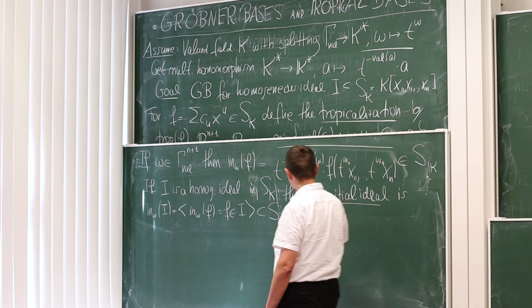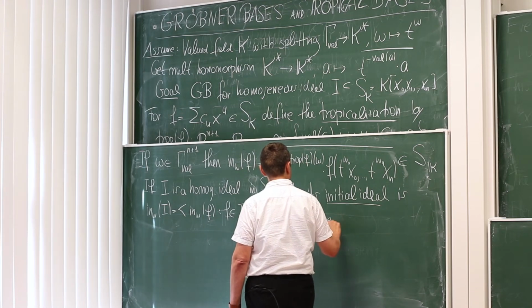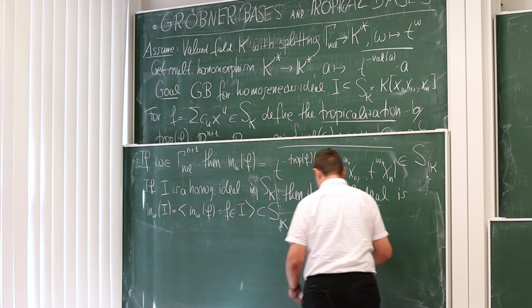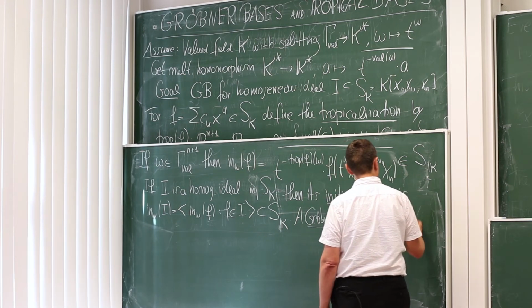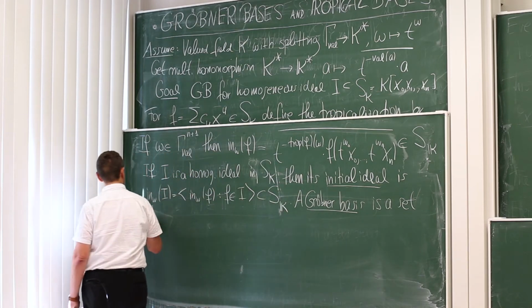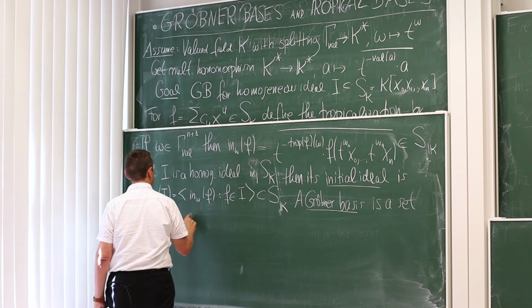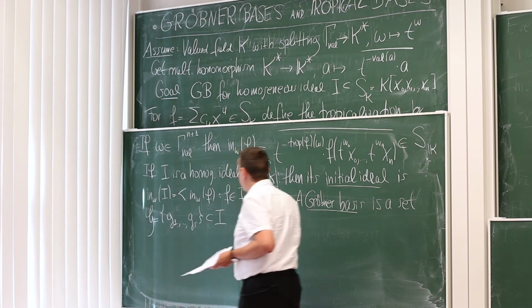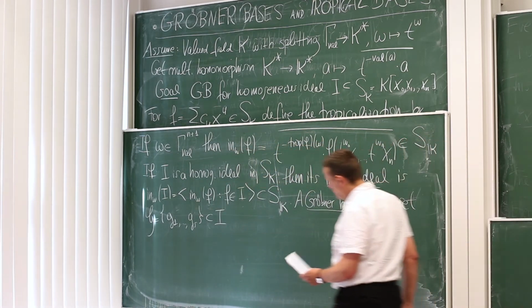Now, a Gröbner basis by definition is a finite set that suffices here. So it's a finite set G, called the polynomials g1 up to gs in I. And if I is a homogeneous ideal, I might as well assume that these gi are homogeneous.